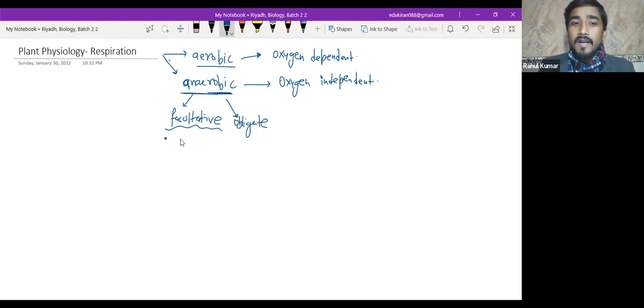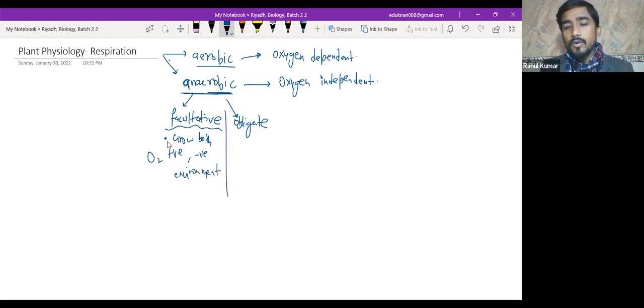So facultative anaerobes can grow in both oxygen positive and oxygen negative environments, because it has nothing to do with O2.